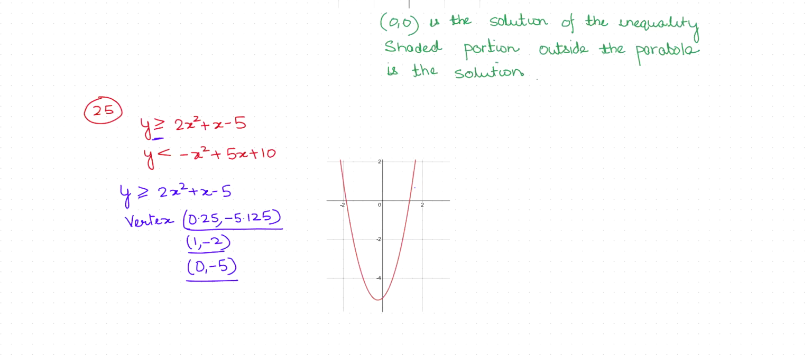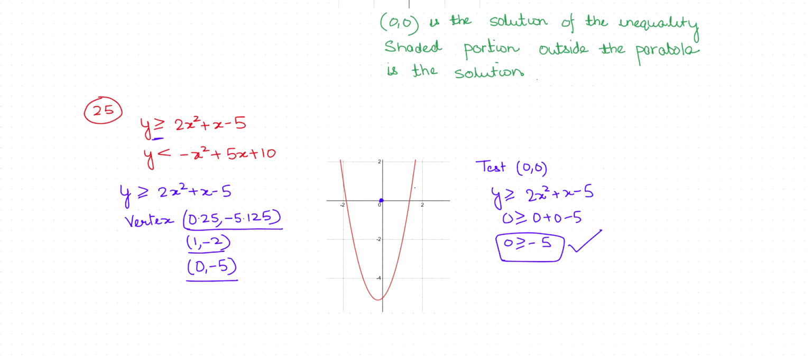Now this is the graph, and let's test it for 0, 0, because it's not passing through 0, 0. If we put x and y as 0, the inequality reads 0 is greater than -5, and it is true. It means this 0, 0 is part of the solution.